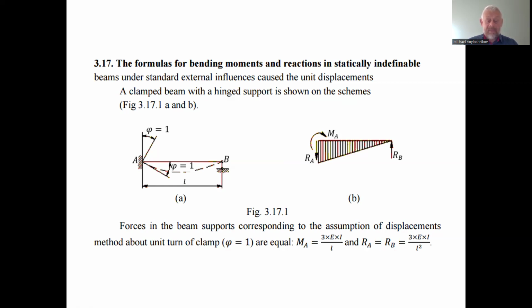If we have this one, what is the shape of the diagram of the bending moment, and what is the magnitude of the bending moment and the support reactions? Here we have the previously obtained results. And we would have to do this in each case ourselves if we have no directory for the single span, by the forces method, etc.